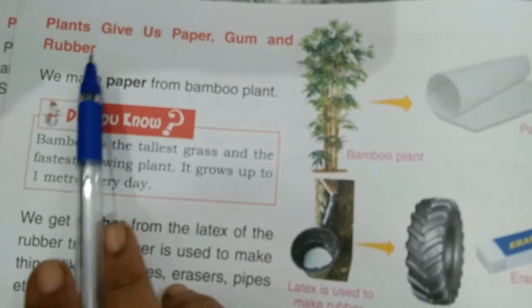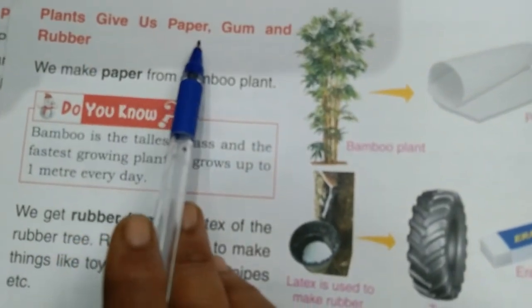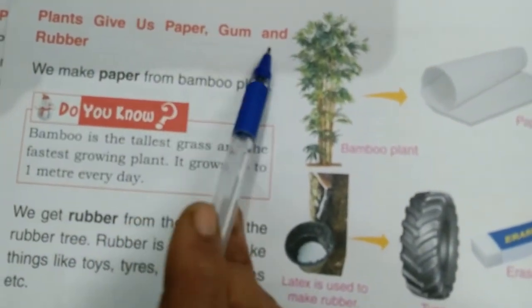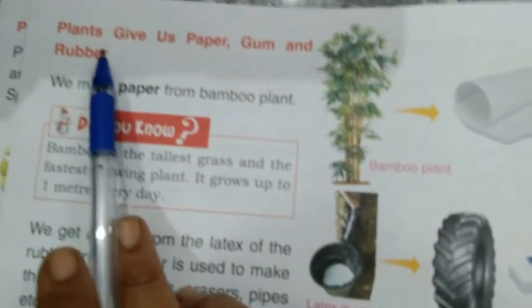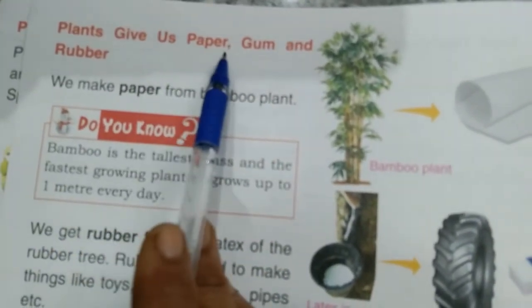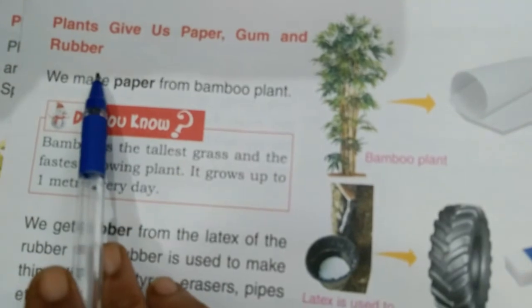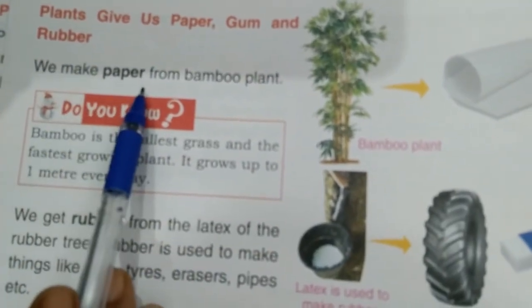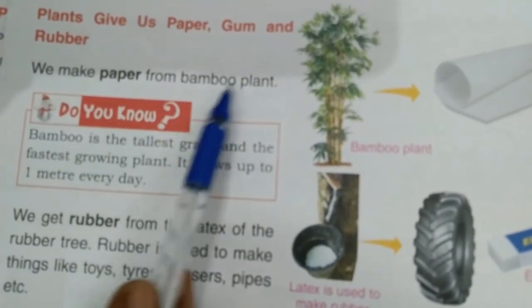Next one is plants give us paper, gum and rubber. We make paper from bamboo plant.